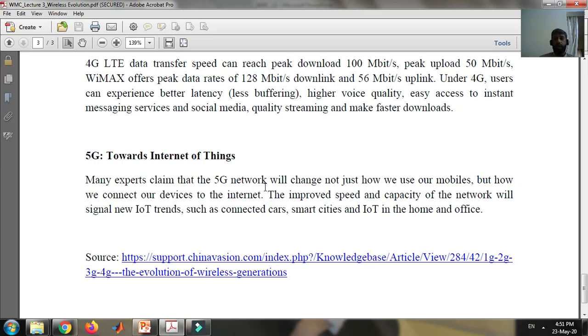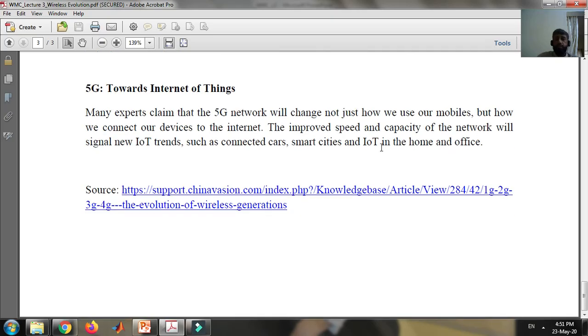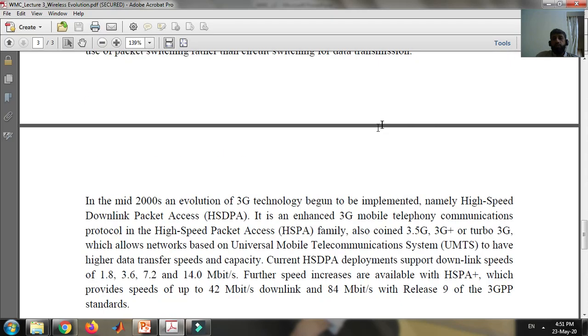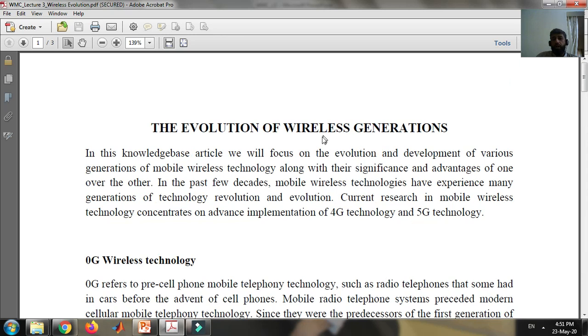Actually, we are now thinking of connecting various devices to each other, and these 5G technologies are capable of handling large amounts of data as well as a variety of different services in a single platform, and will be able to connect various different devices through various different protocols that are integrated together, eventually to provide a larger coverage. So this was a brief overview of the evolution of wireless technology.